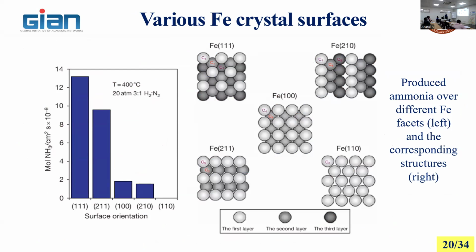Ultimately, they are claiming that maximum ammonia is formed on the ferrous structure of 111 at a temperature of 400 degrees centigrade, a pressure of 20 atmosphere, and a ratio of 3:1.